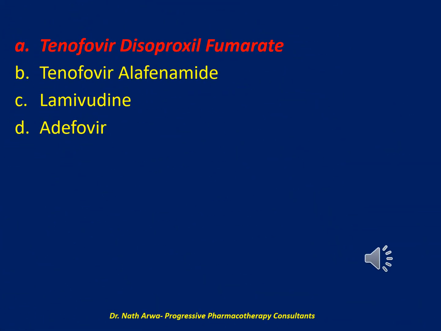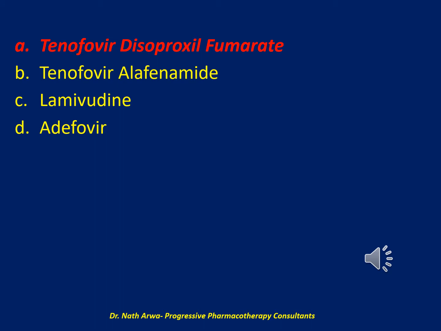And the correct answer is A. tenofovir disoproxil fumarate. Option A is correct, as this is a first-line recommendation for the management of HBV in the AASLD and EASL guidelines. While tenofovir alafenamide (TAF) could be considered, the use of TAF with rifamycins is contraindicated. Plasma AUC of TAF is reduced by more than 50% when combined with rifampin.